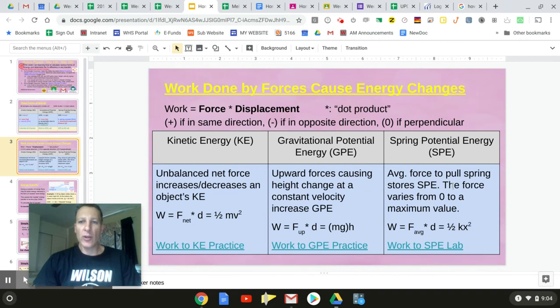All right. So when you go to pull a spring, it would vary from 0 up to some maximum value. If you have a linear spring, then the average force would just be the middle value between 0 and the max. All right. So that work done by that average force will cause the energy stored in the spring, equation 1/2 kx squared.